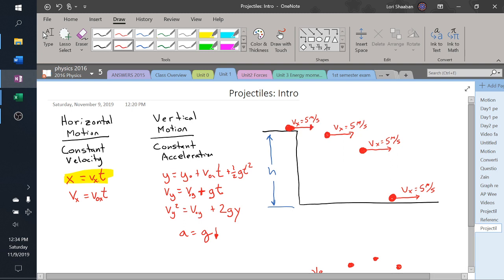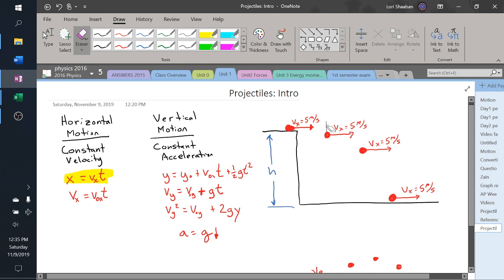So you can see, if you look at how far it goes in the x direction every second, these little marks are showing every second, and it goes the same distance in the x every second.